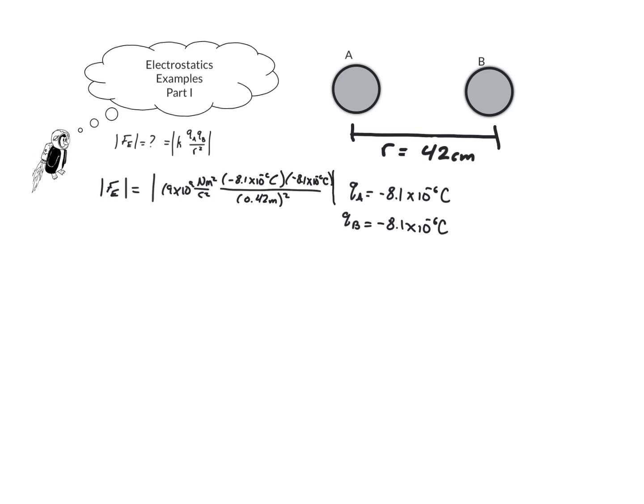Notice I converted it to meters. Plugging in the numbers, you get, in the magnitude at least, 3.3 newtons. But since they're repulsing each other, the force on A is to the left of 3.3 newtons, and the force on B is to the right with 3.3 newtons.